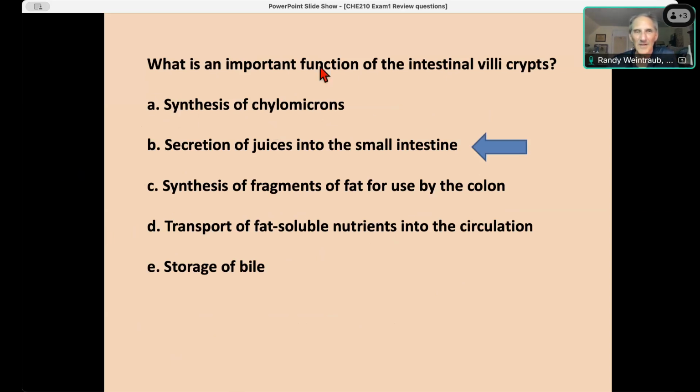Okay, synthesis of chylomicrons. So you learn about this also in chapter 6. Chylomicrons is how we start to transport fats, right? Free fatty acids. They make these pretty large masses of fatty acids, which go into not the bloodstream, but that other place. What's the other place?